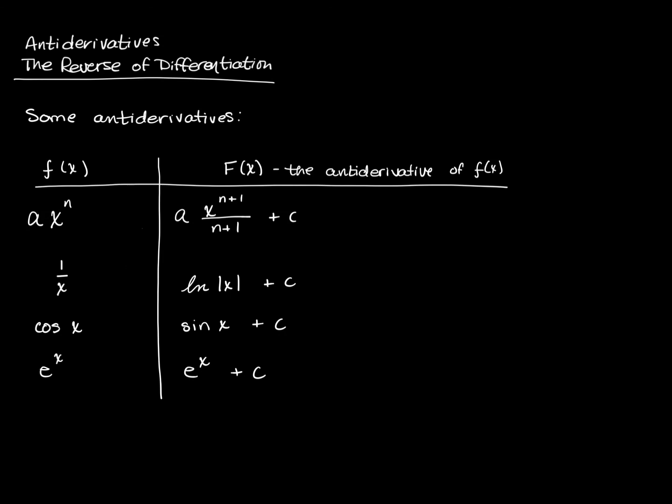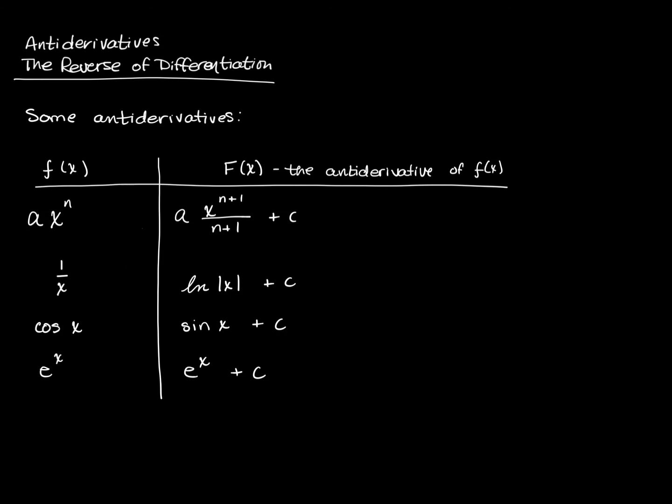Don't forget, though, that every single one of these must have a plus c. The derivative of the sine of x plus any constant is going to give you the cosine of x. So the antiderivative of cosine is the sine of x plus some constant.